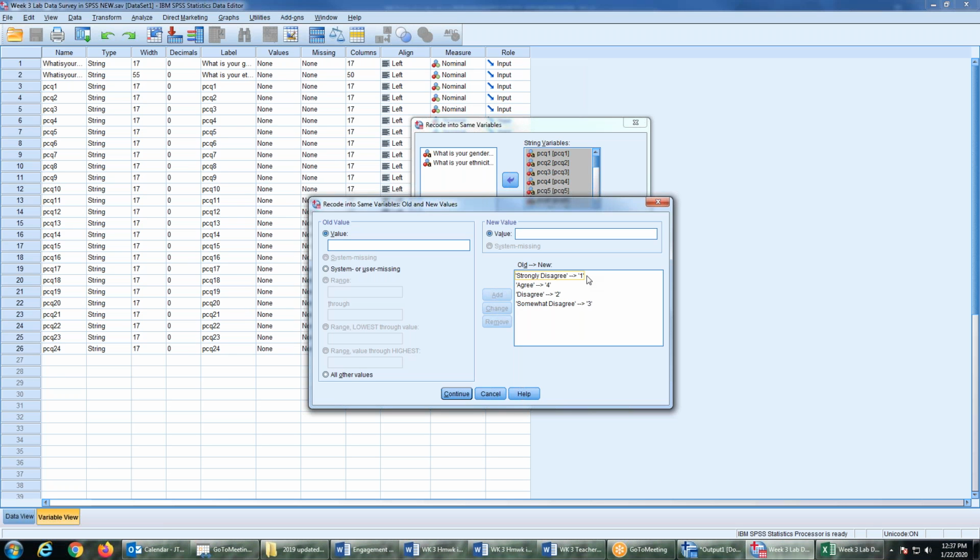Strongly disagree, disagree, somewhat disagree, and this should be somewhat agree. And agree should be a 5. And strongly, whoops, I mean, strongly agree. Oh, agree, you're right.